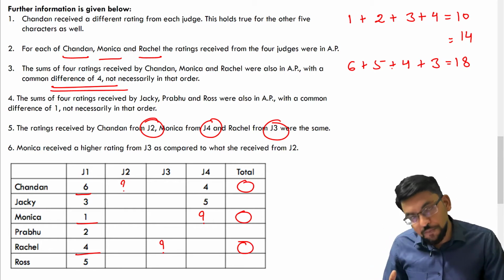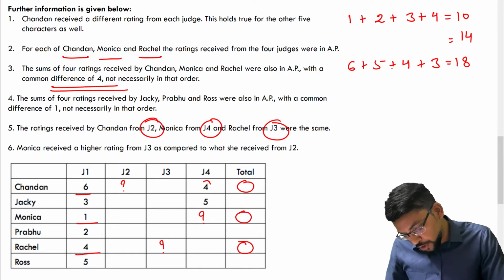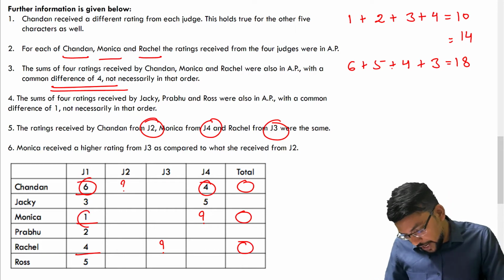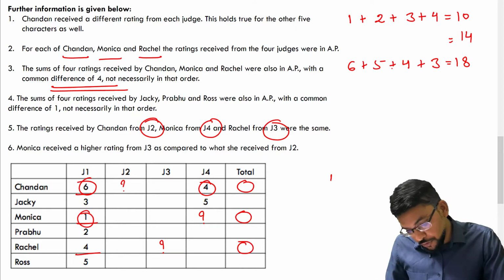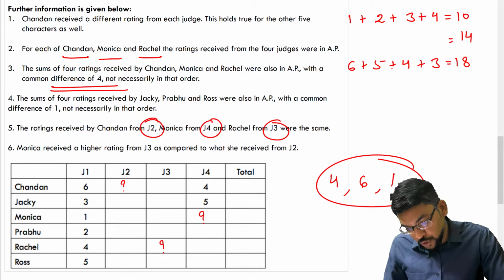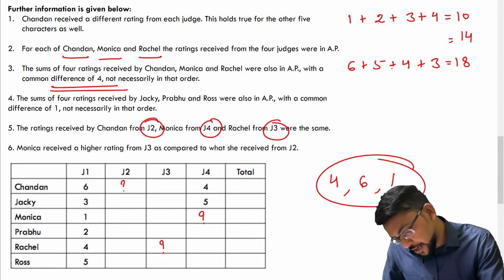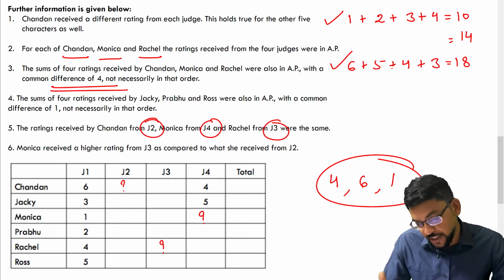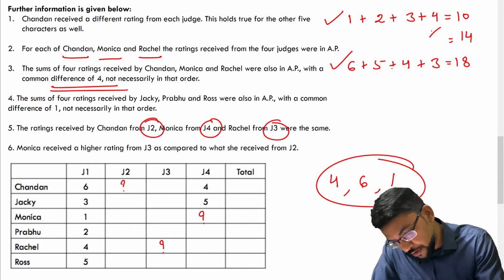If we look at these numbers and we are looking for these ratings to be the same, we can say 4 is not possible because the numbers have to be different. 6 is also not possible and 1 is also not possible. So 4, 6 and 1 cannot be these common numbers. So what are the possible cases? See here, this one and this one. If you see these two, in this 4 cannot be common for sure.